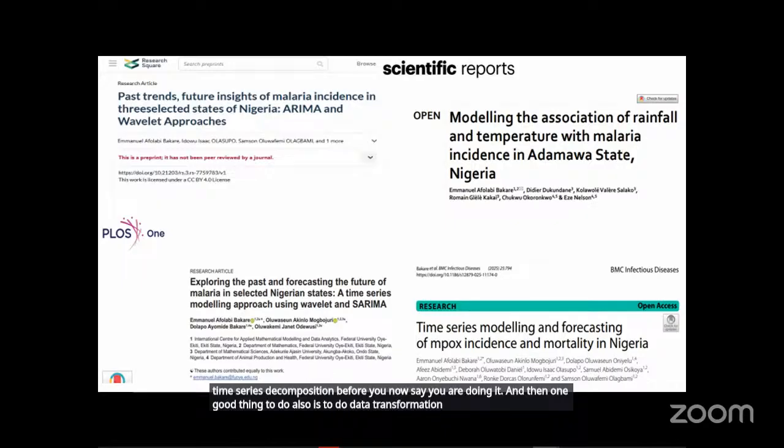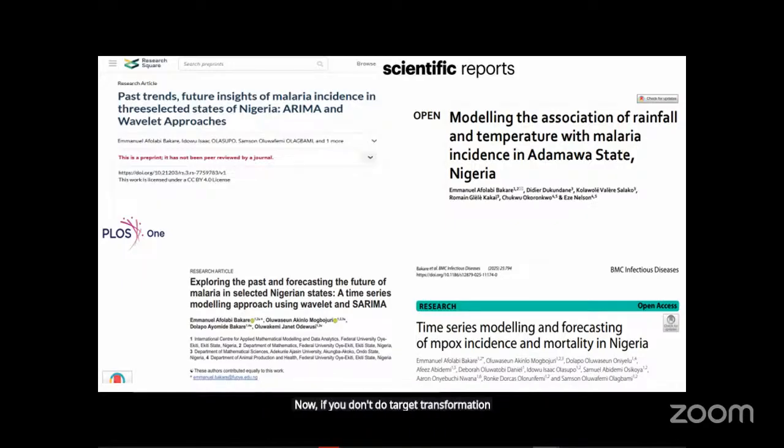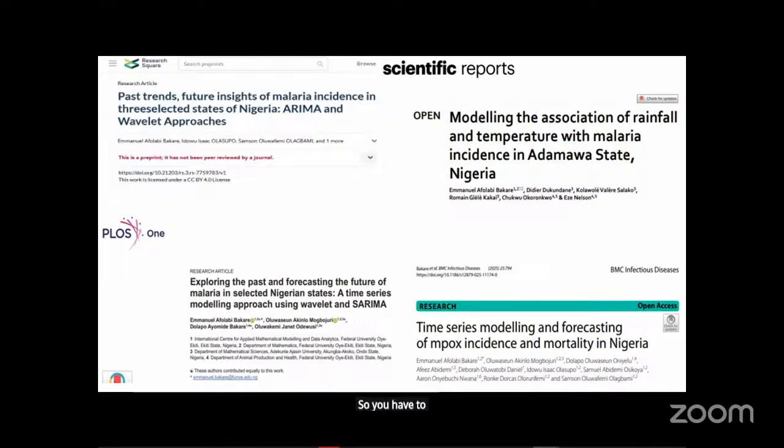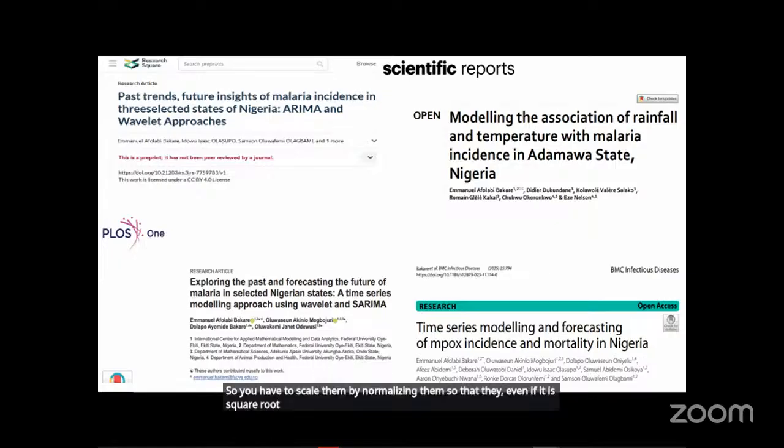If you don't do data transformation, and you have data from all those different states, you cannot do comparison because they are not on the same scale. So you have to scale them by normalizing them, whether it is square root, Box-Cox, or log transformation, you should be able to put them on the same scale.